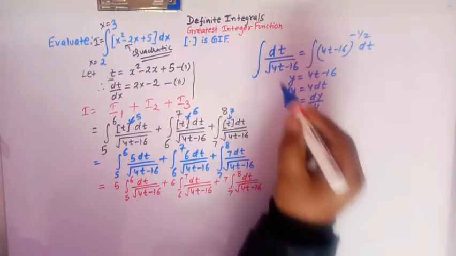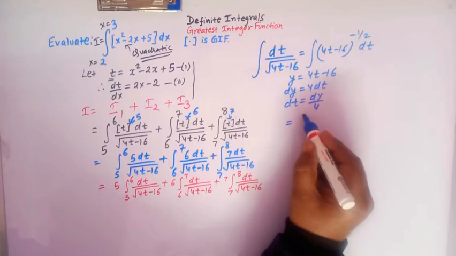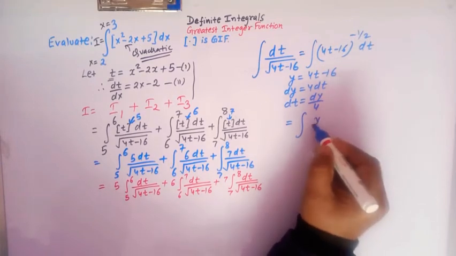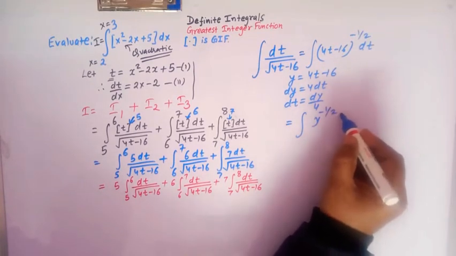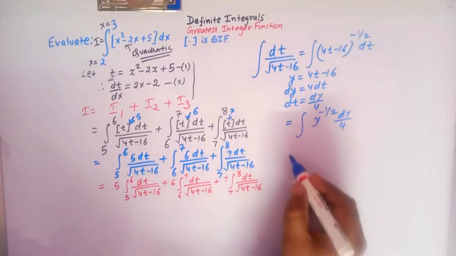So now this integral becomes integral of y raised to minus half, we have dy over 4, right?